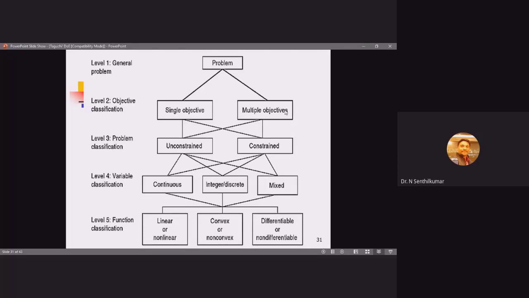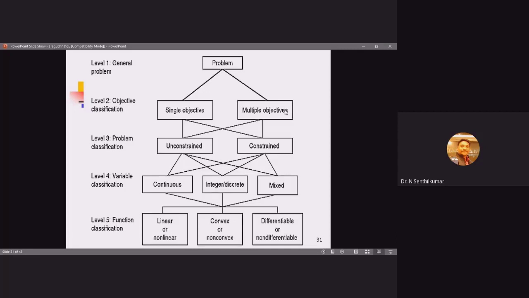Then constrained and unconstrained. Constrained means setting a target value. In most cases, you may come across a requirement that the surface roughness should be less than 0.3 or 0.5. Above that, it is defective, right? In that case, I am going to set the value of surface roughness as 0.3. So I am going to set a target value. That is what we call constrained.